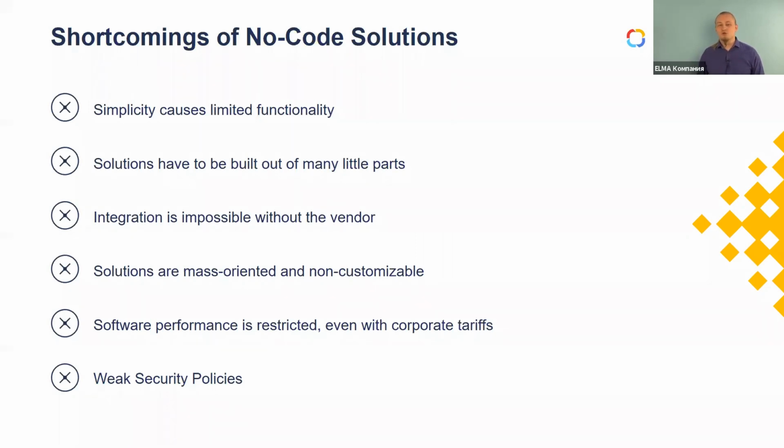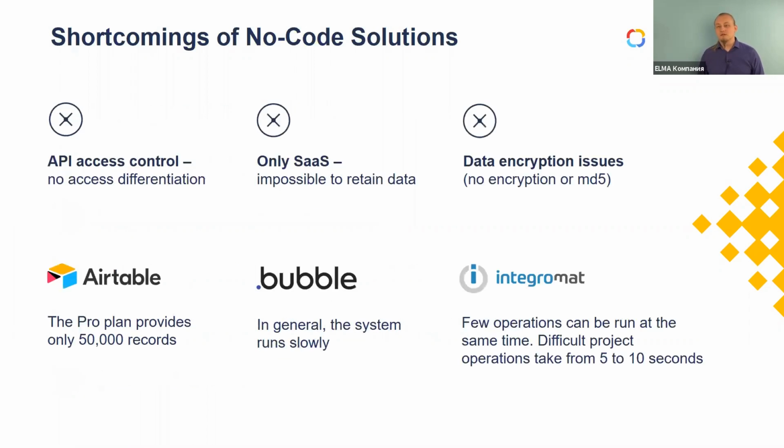And most of them have some problems with the security department because they don't have such deep configuration settings to work with. And sometimes they are just pretty slow because there are a lot of users working on the same servers. So vendors try to limit their power in order to prevent some speed degradation.